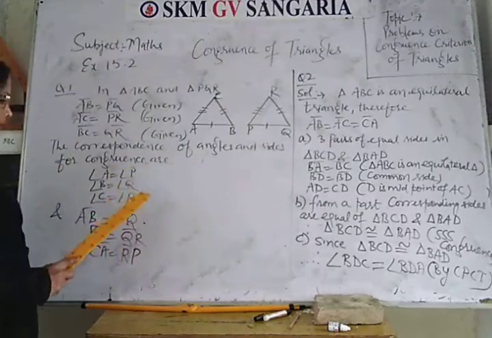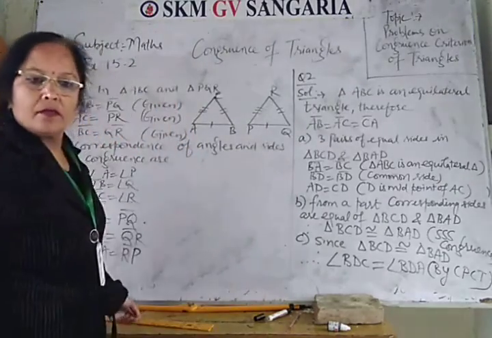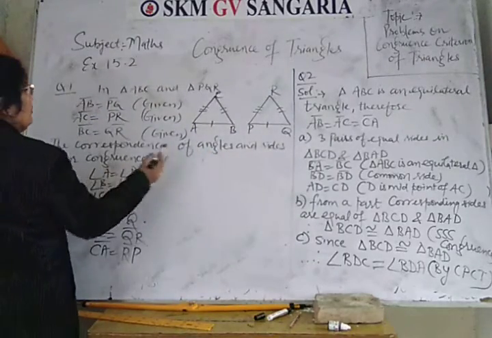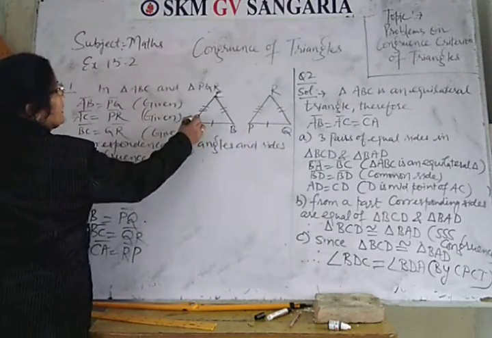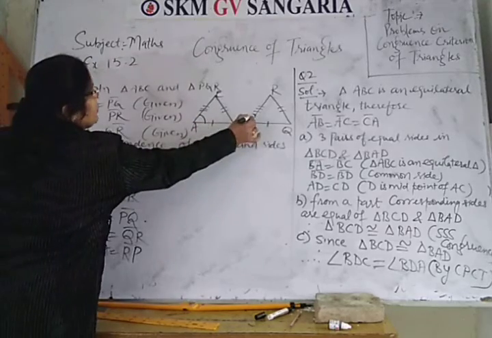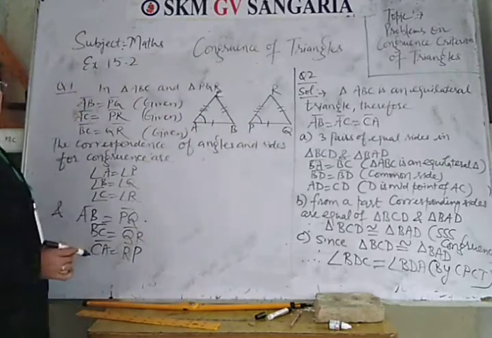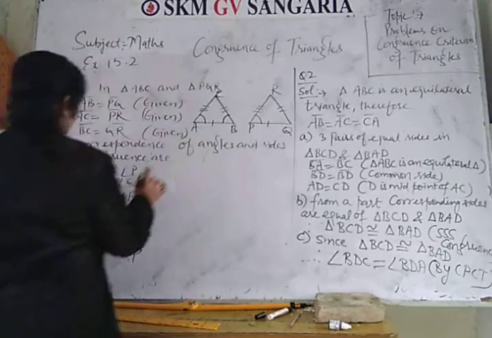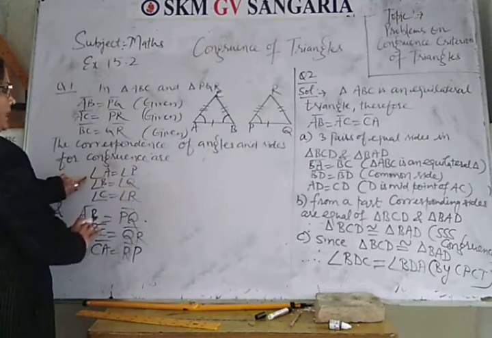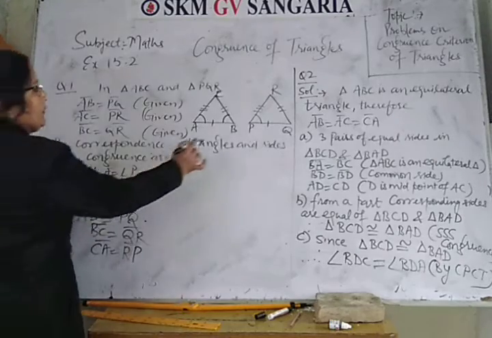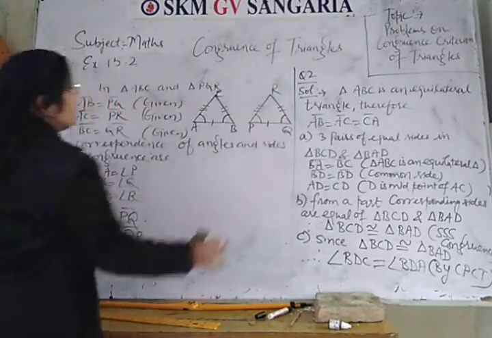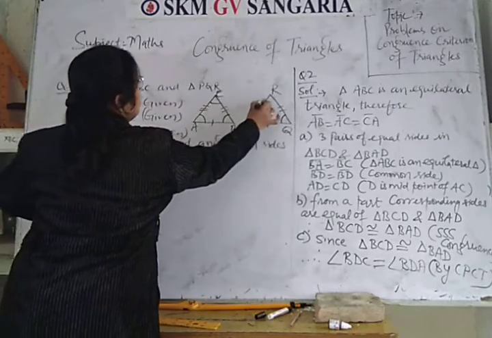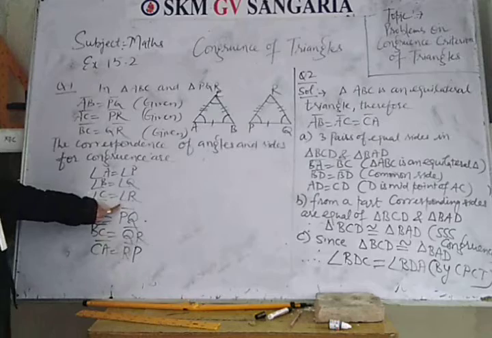So first of all, for correspondence of angles, angle A is equal to angle P, then angle B is equal to angle Q, then angle C is equal to angle R.